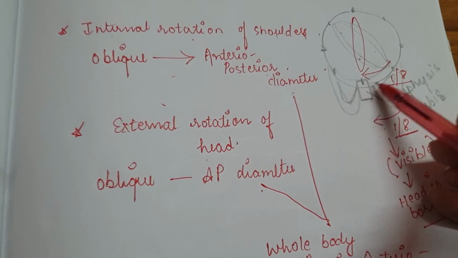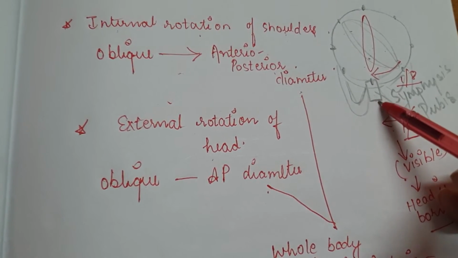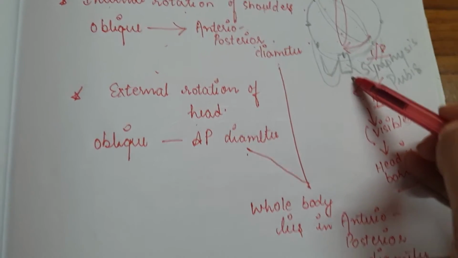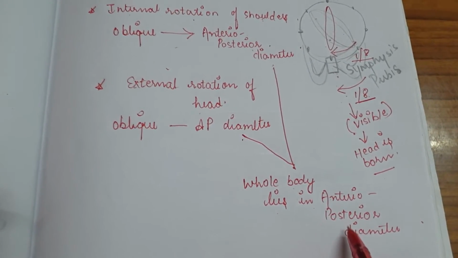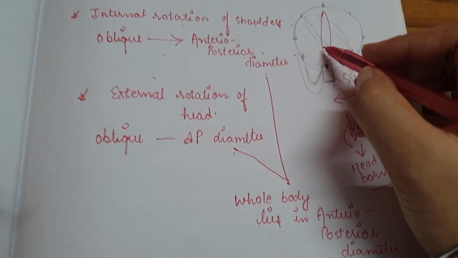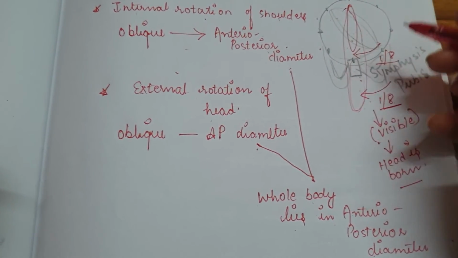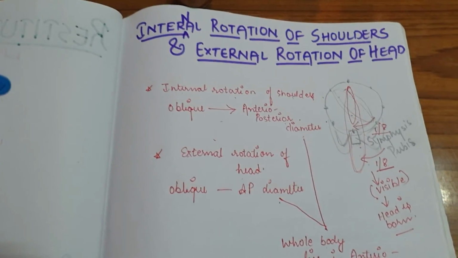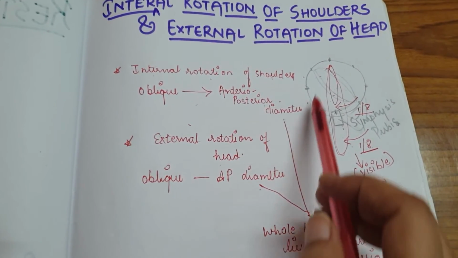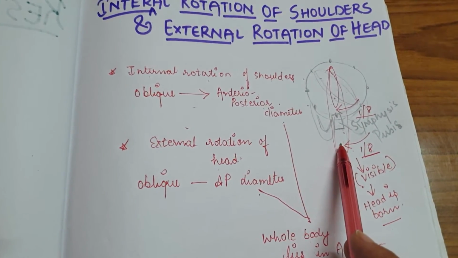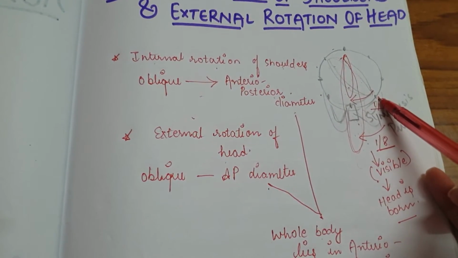So, the head also comes in the anterior posterior diameter from the oblique diameter, which means the whole body lies in the anterior posterior diameter. So, this is internal rotation of shoulders and external rotation of head, which means the shoulders and the head of the fetus come in the anterior posterior diameter from the oblique diameter.